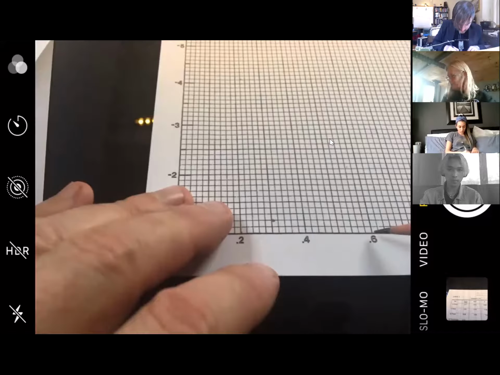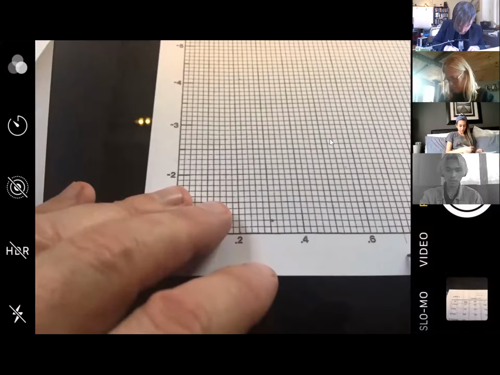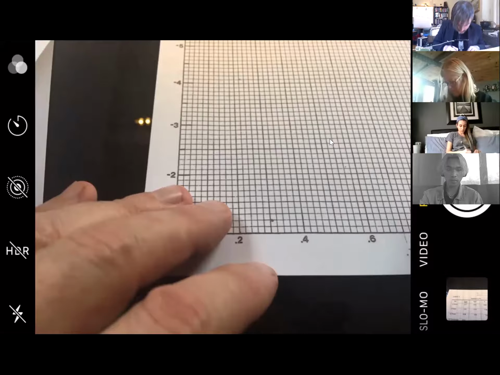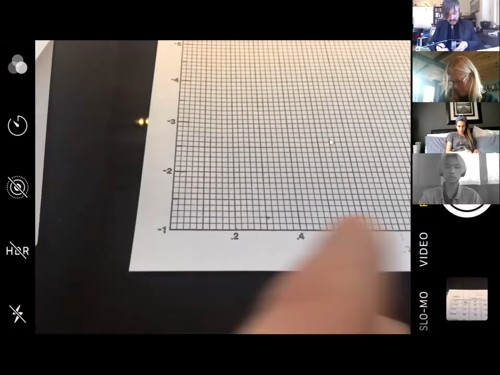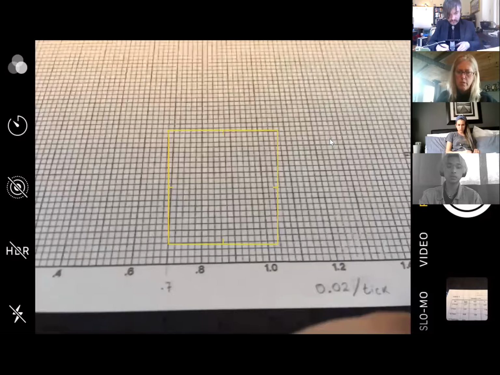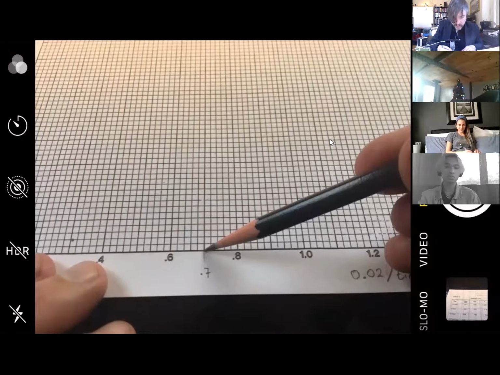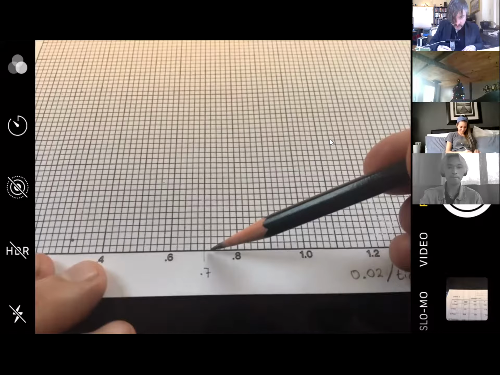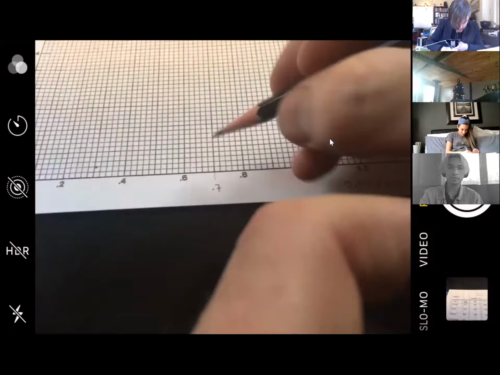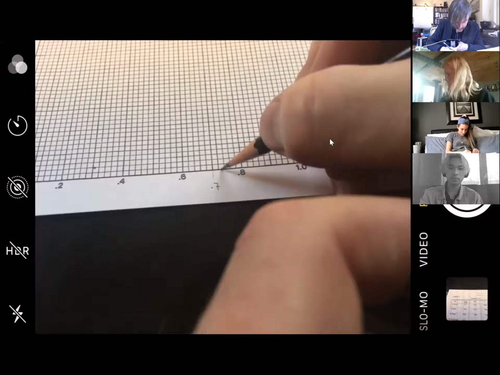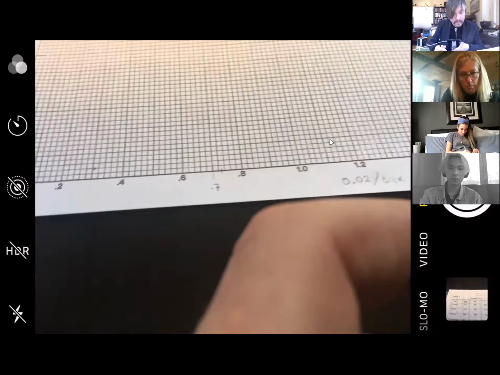This is 0.6, that's 0.7, and if we want 0.73, that's 0.7, that's 0.72, that's 0.74. So 0.73, I'm gonna use a little memory tick there, should be right there. And that's gotta correspond to negative 3.71.